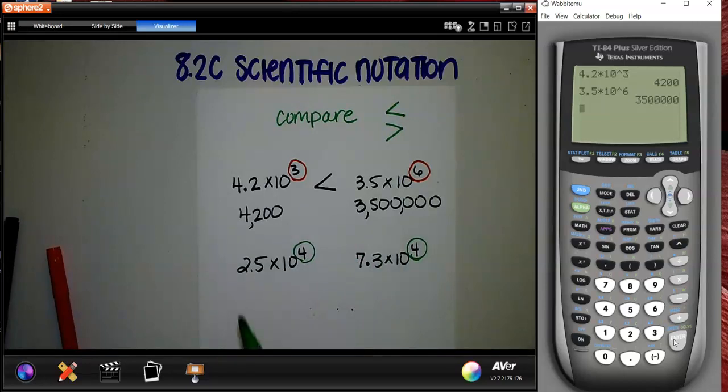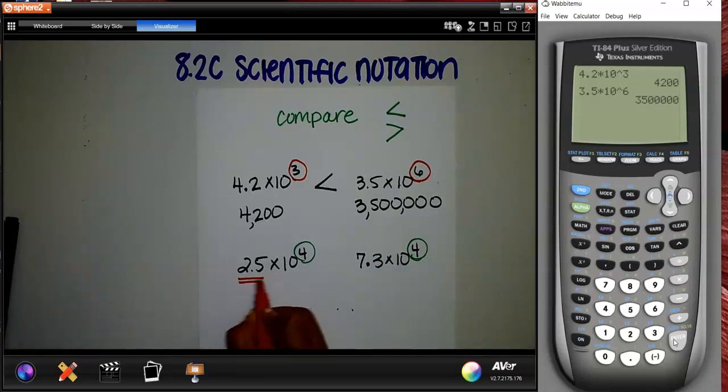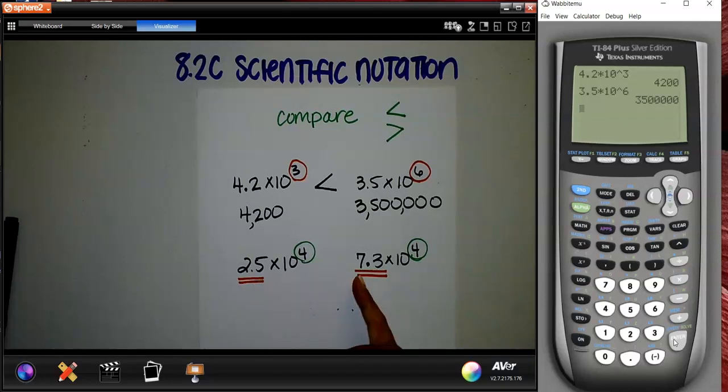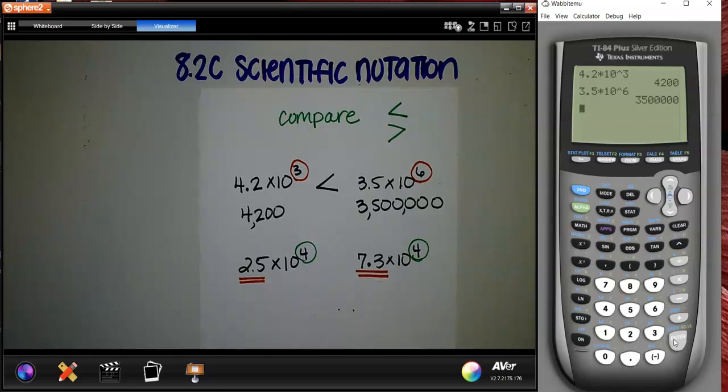So when the exponents are the same, then you want to look at their actual number. Okay, so now I'm essentially comparing 2 and 5/10 and 7 and 3/10. And 7 and 3/10 is larger than 2 and 5/10. So 2 and 5/10 would be less than 7 and 3/10.